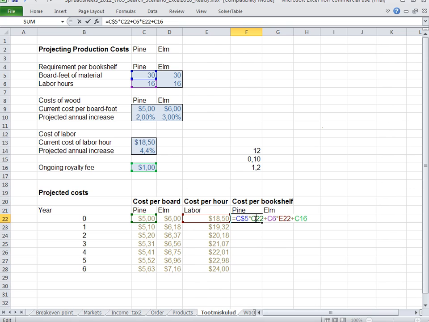The next one is C6, and let's consider it. It's the labor hours, 16 labor hours, the deep purple one. And this will not have to move up and down because when we copy to next year's, it will have to stay stuck on the 6th row.